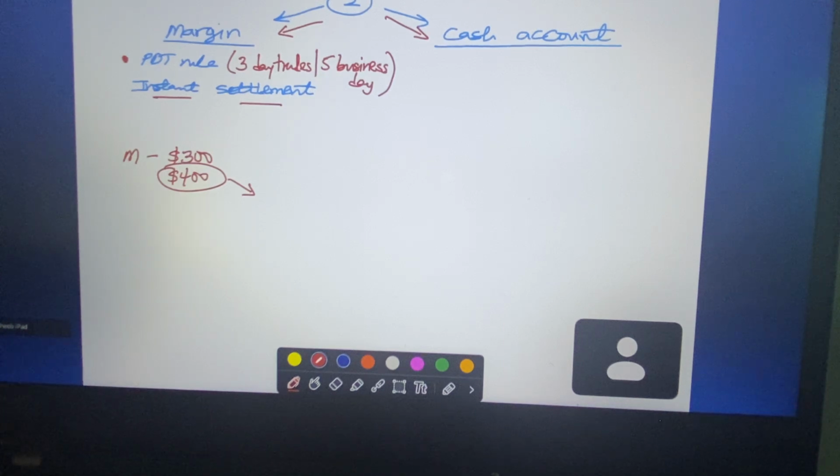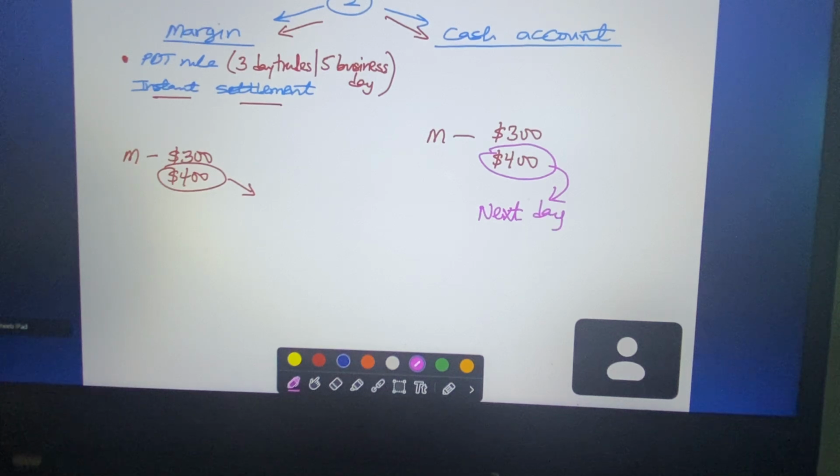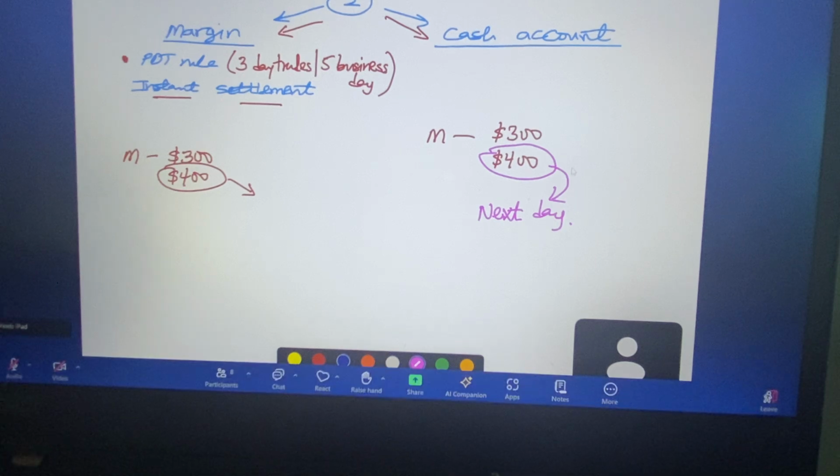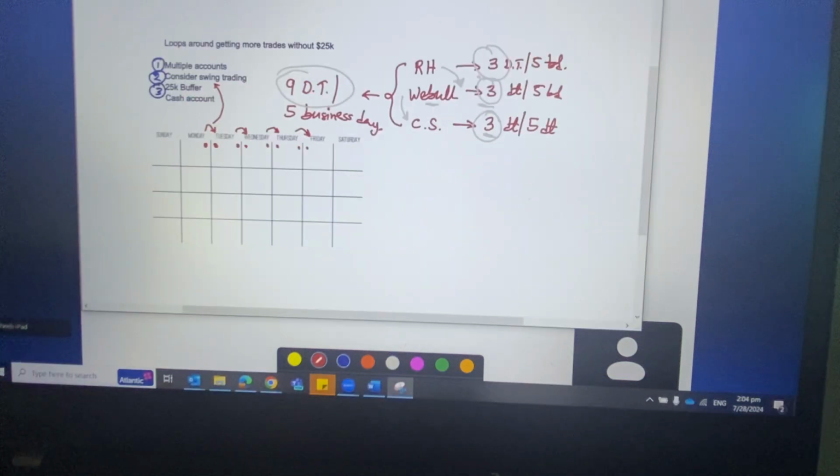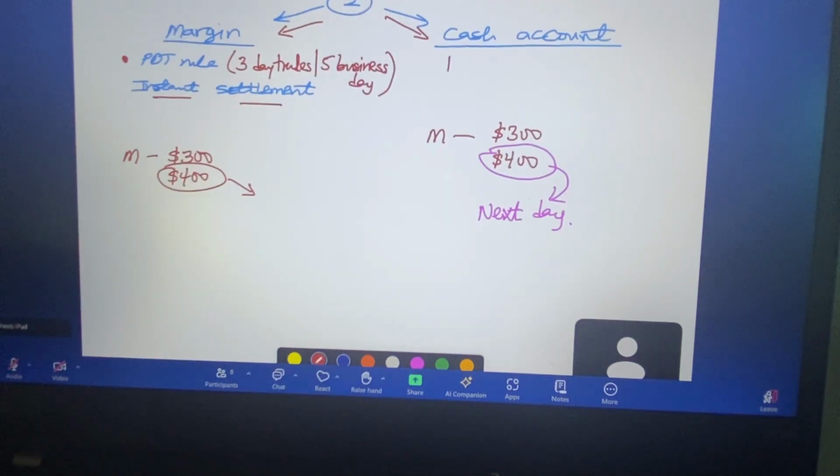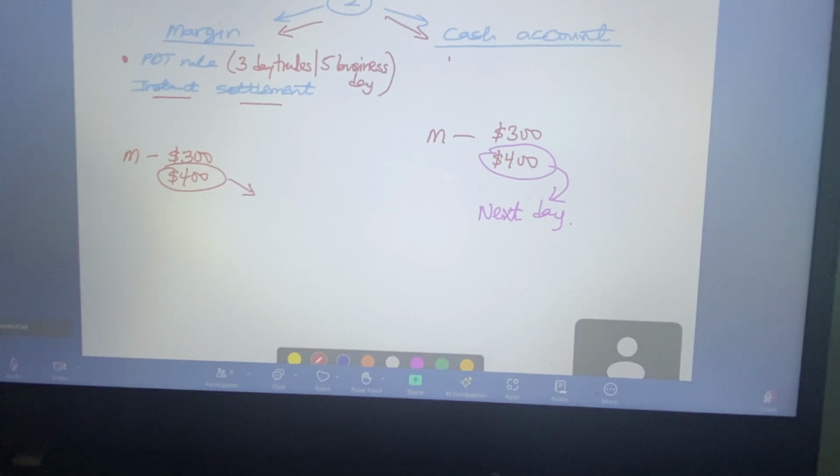But with a cash account, if you do the same thing, you have to wait till the next day to be able to use those proceeds. So that's the downside of a cash account. But the upside is there is no PDT restriction.